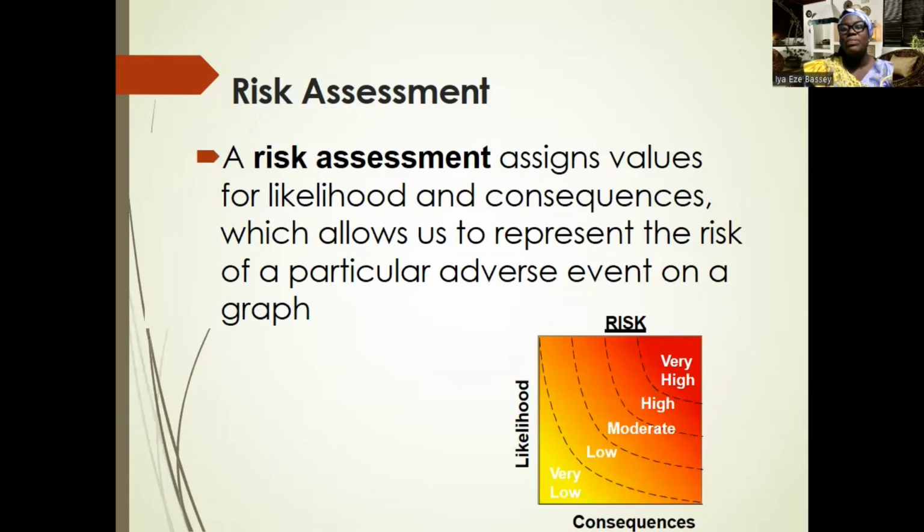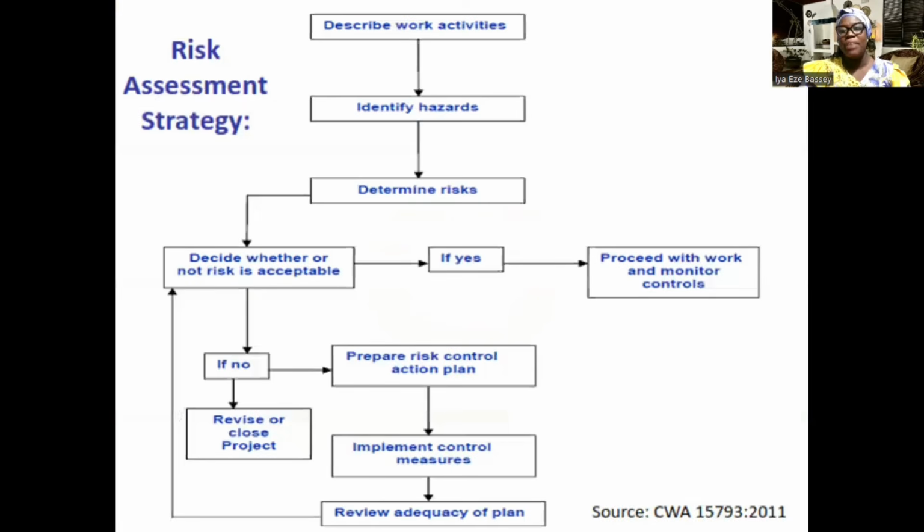That all is embedded in risk assessment. So what risk assessment will do will be to assign values for likelihood and consequences, and that assignment allows us to represent the risk of a particular adverse event on a graph as shown here. You can remember the former examples we did on the tiger.